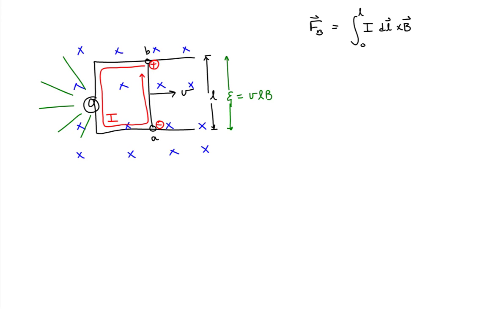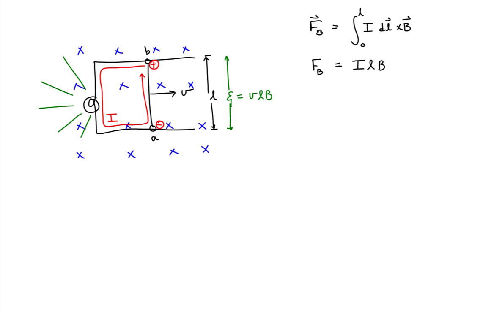Now, if the current is constant and the magnetic field is uniform and they are at right angles, all things we've talked about before, the magnetic force acting on the wire is equal to the product of the current in the wire, the length of the wire, and the magnitude of the magnetic field the wire is exposed to.